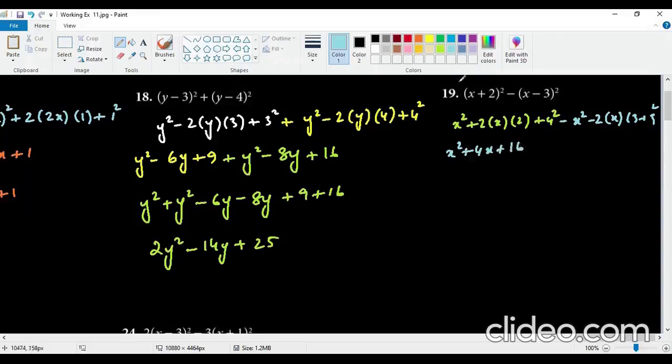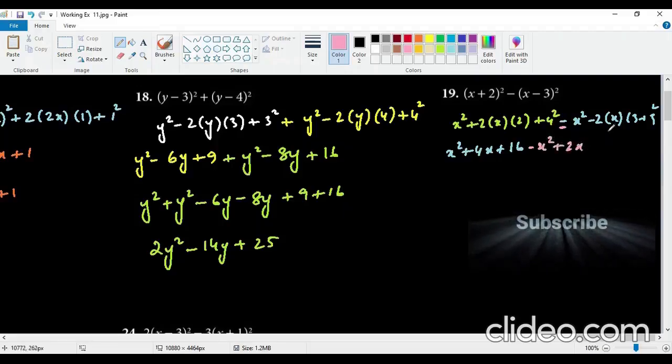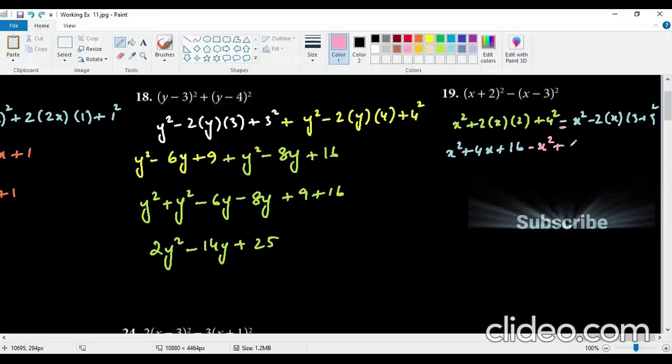Now I'm using this minus sign over here, and it's going to be minus x square plus 6x and plus 9.